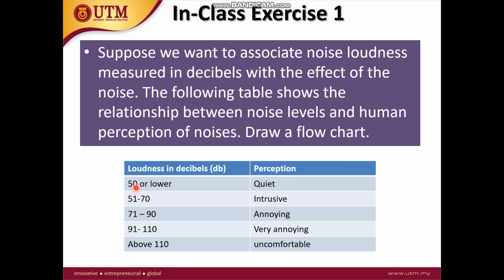So if the loudness in decibels is 50 or lower, that means it's quiet. If it is between 51 and 70, that is intrusive. If it is between 71 and 90, annoying, 91 to 110 is very annoying, above 110 is uncomfortable. So you are supposed to draw a flowchart for this one.